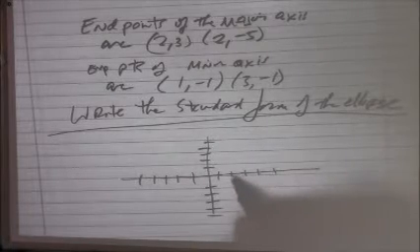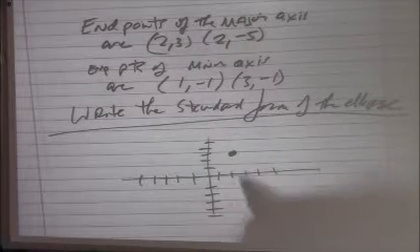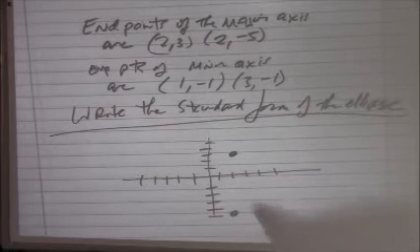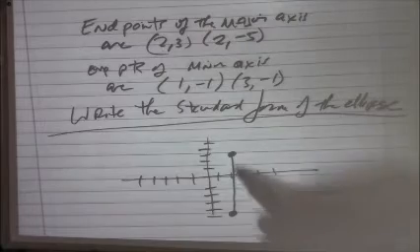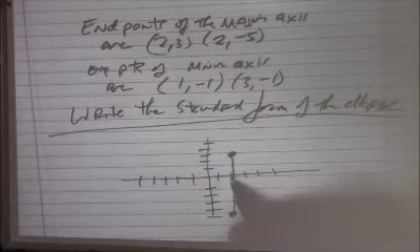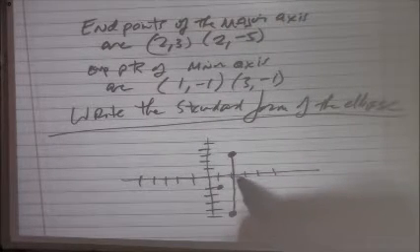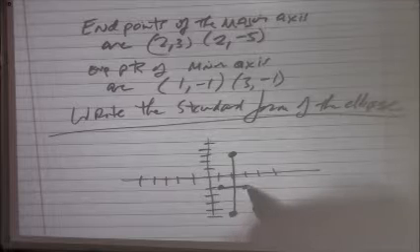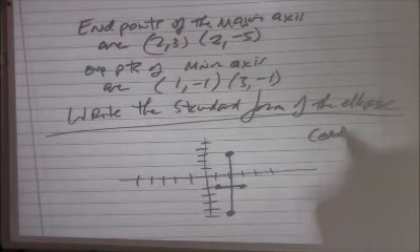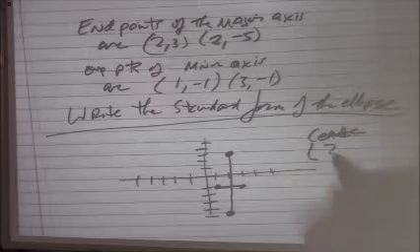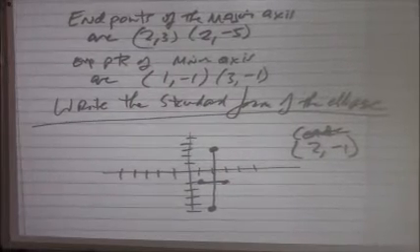So (2, 3) is here. (2, -5) is here. Aha, and that's the major axis, so that's going up and down here. (1, -1) and (3, -1) is here. So I see that the center is at (2, -1).